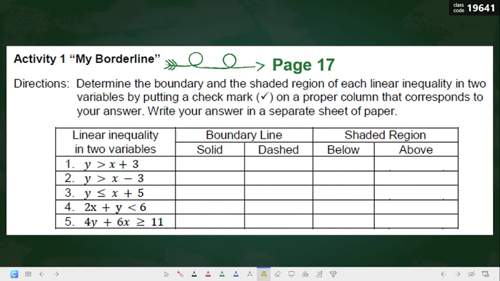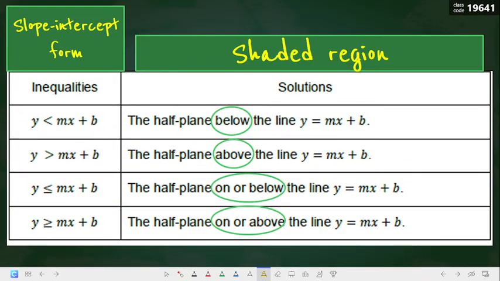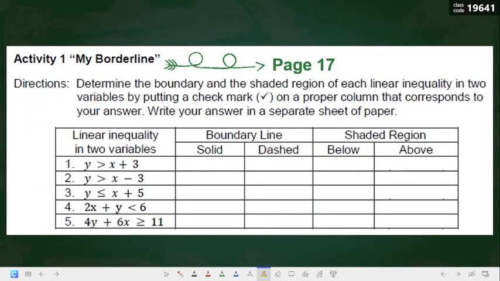Solid ba or dash? And then, saan ba ang magiging shaded region mo? Below or above? Again, ito yung ating parang cheat sheet. Makikita mo dito kung paano mo malalaman kung below, above, on or below, on or above. So, ganyan lang yung gagawin sa activity 1, may borderline.